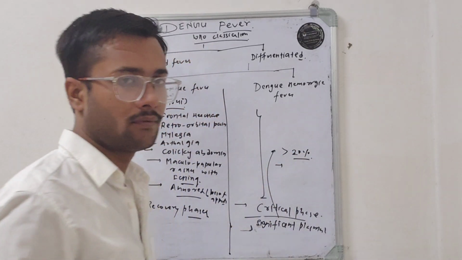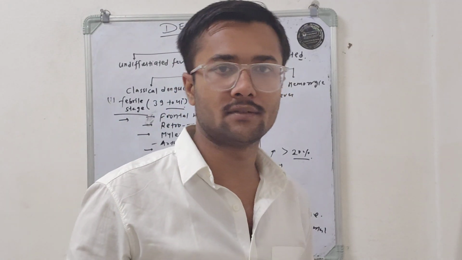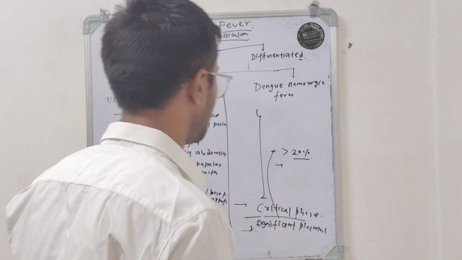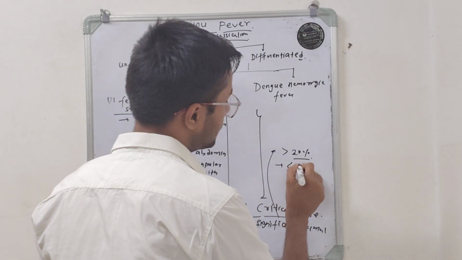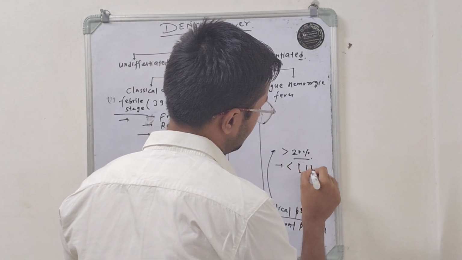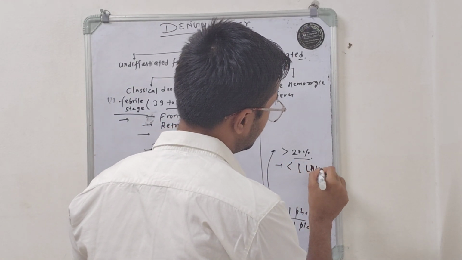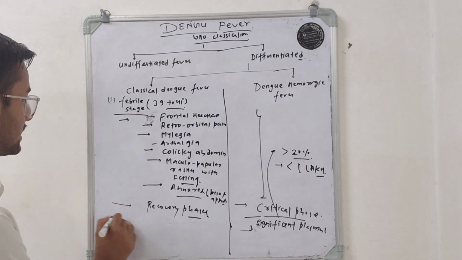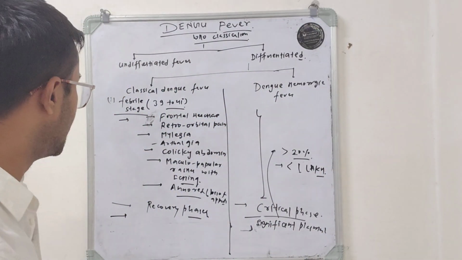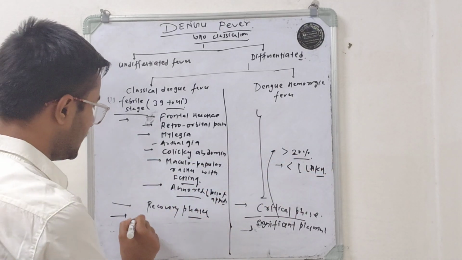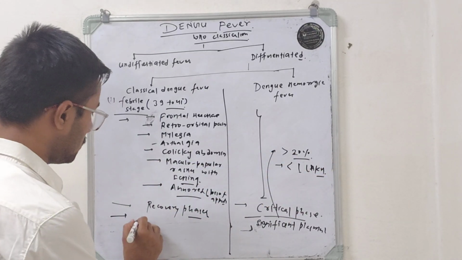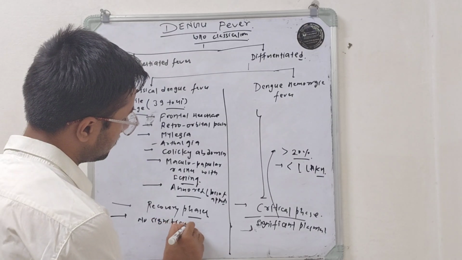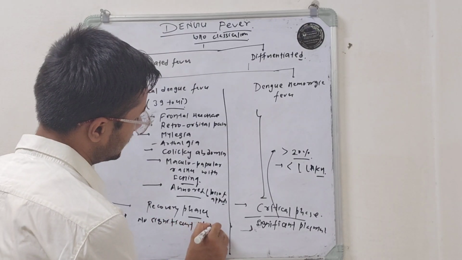Also, in dengue hemorrhagic fever, the patient has a very low platelet count. The platelet count is less than 1 lakh. While in classical dengue fever, there is no significant plasma leakage.